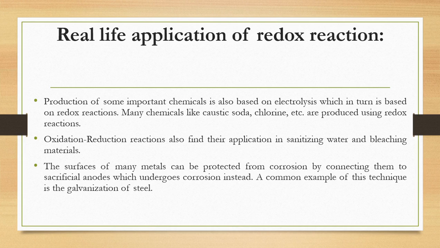Oxidation reduction reactions also find application in sanitizing water and bleaching materials. The surfaces of many metals can be protected from corrosion by connecting them to sacrificial anodes, which undergo corrosion instead. A common example of this technique is the galvanization of steel.